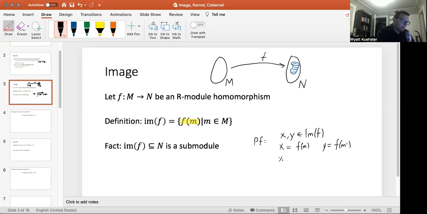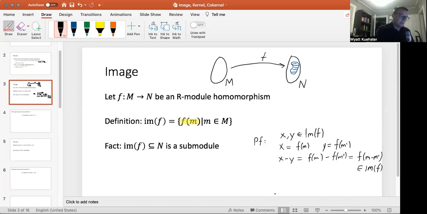So if I do x minus y, I should get something that's also in the image of f. But this is f of m minus f of m prime, which, because f was a homomorphism, is f of m minus m prime. And then it's f of something, so it's in the image, because m minus m prime is something in M. So f of m minus m prime is something in the image of f.